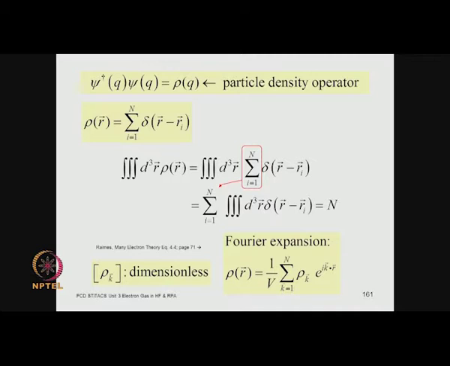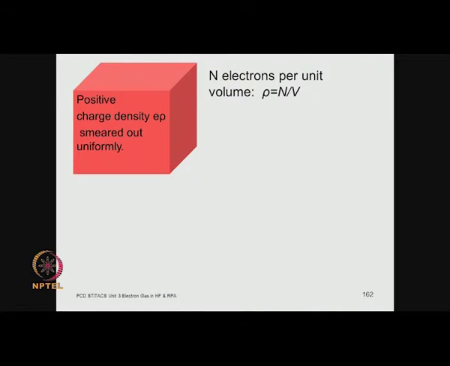Okay. So this is our particle density expansion in terms of its Fourier components. What we have done is to smear the positive charge throughout this box at a uniform density.